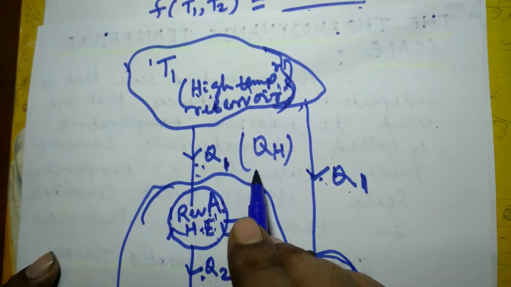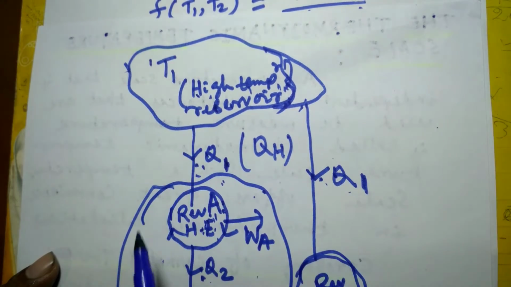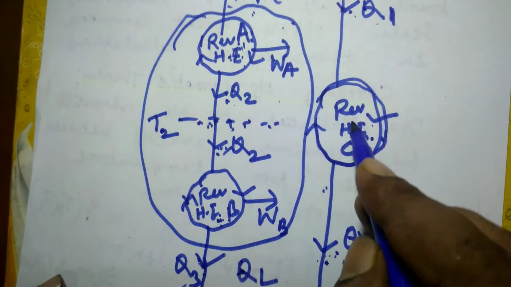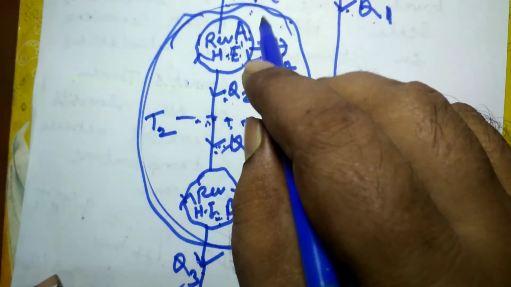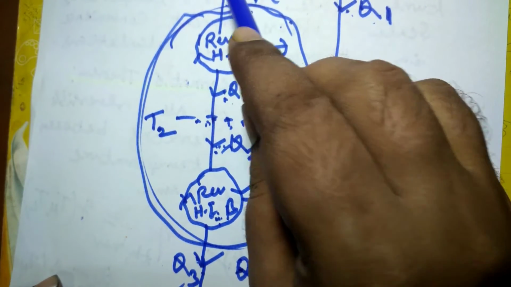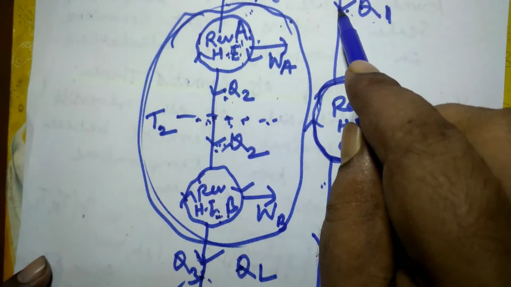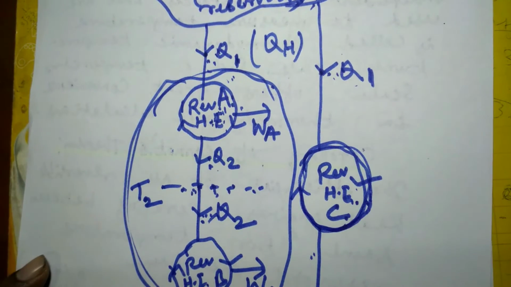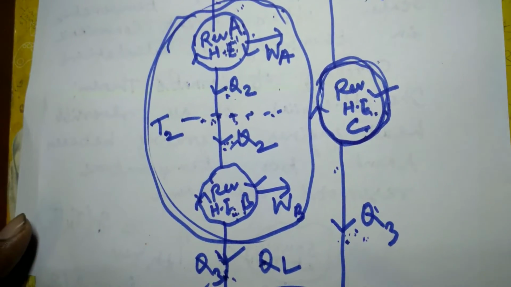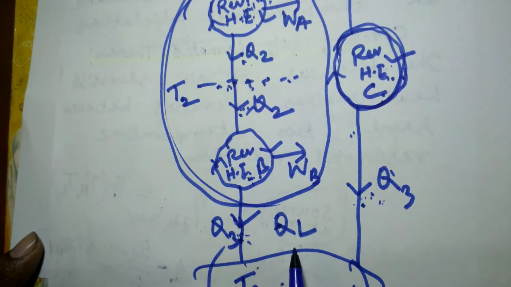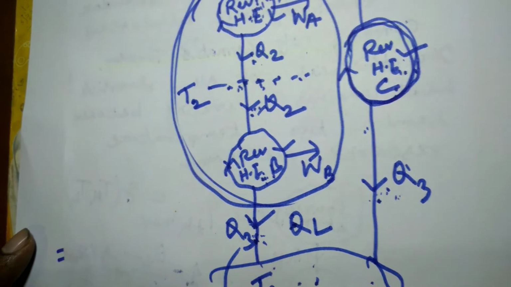QH means heat added to the heat engine from the high temperature reservoir, and in place of Q3 I can write QL, because for this reversible heat engine C, or the combined heat engines A and B put together, in both cases QH is Q1 and QL is Q3. So in place of Q1 I can write QH, and in place of Q3 I can write QL, because the heat coming from the source is QH and the heat going to the sink is QL. Heat added is QH from the high temperature reservoir, and QL is the heat rejected to the low temperature reservoir.